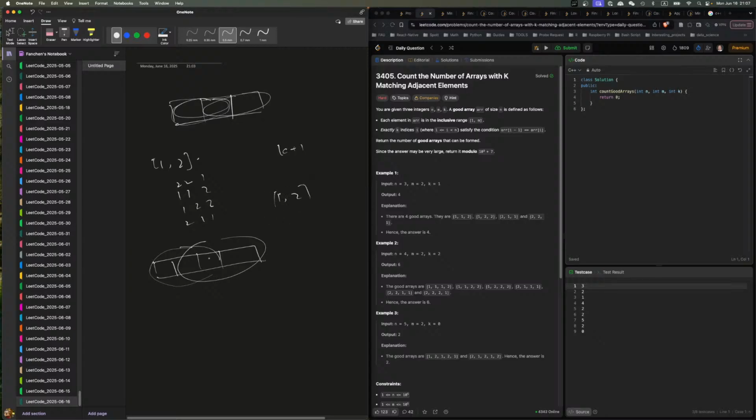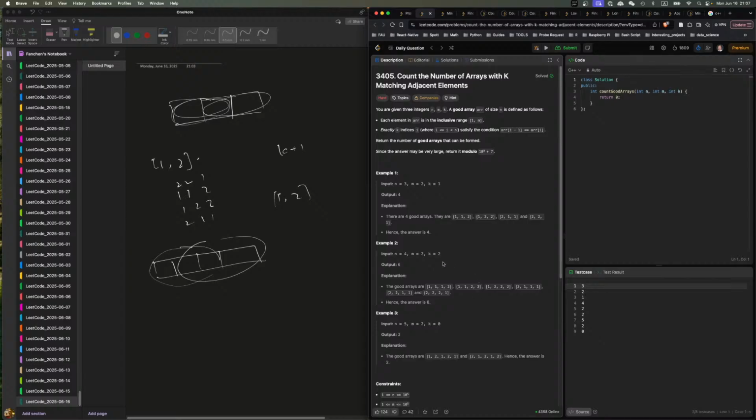So basically, I have, wait a second, this one is exactly k indices, where i minus 1 is equal to i. So I have 1, so I have 1 and 2.